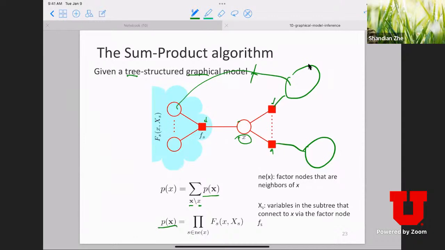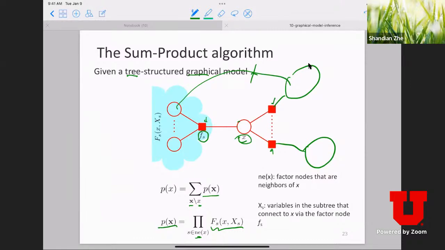That means the joint probability can be decomposed according to the neighborhood of x, or the children nodes of x. Let us denote the product of the factors inside one particular subtree rooted by one neighboring factor node f_s by big F_s.